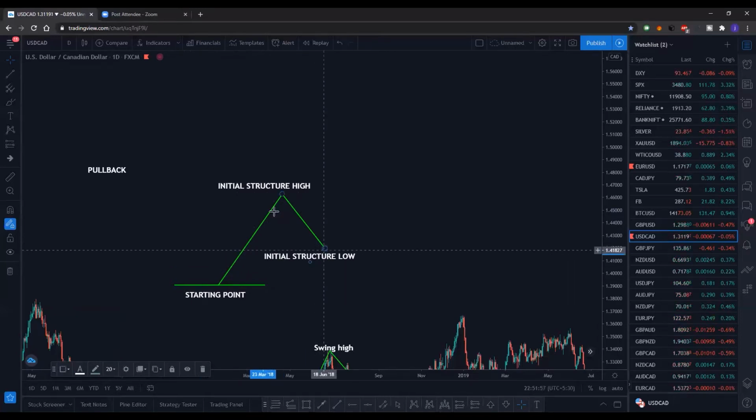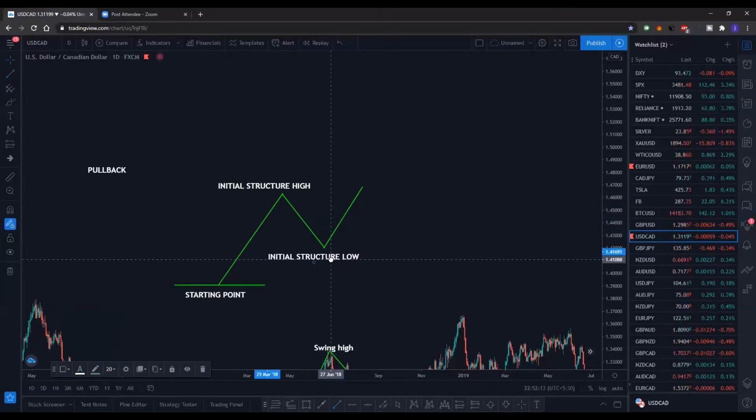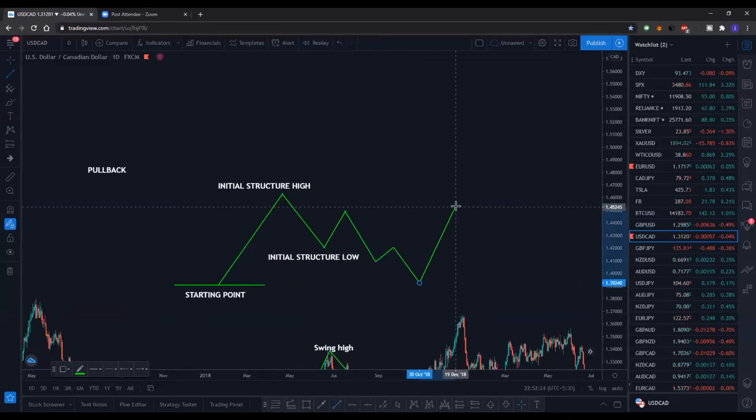Well, technically we cannot call this an initial structure low unless the market breaks and closes above the previous initial structure high. At that moment, we can say that this is the initial structure low. Reason being, let's say the market is over here, the market can probably come down even further, and then go back up.